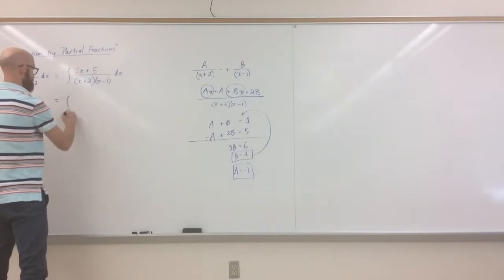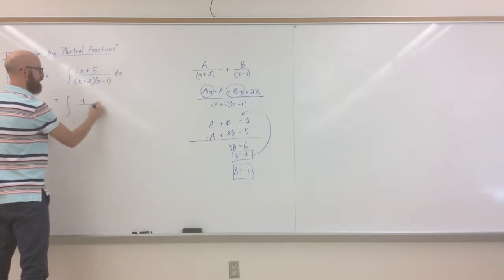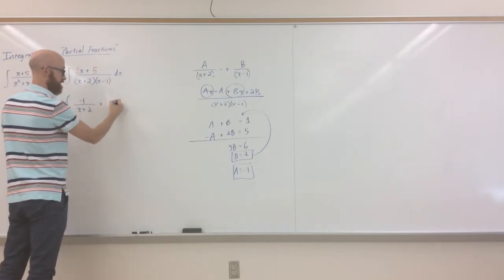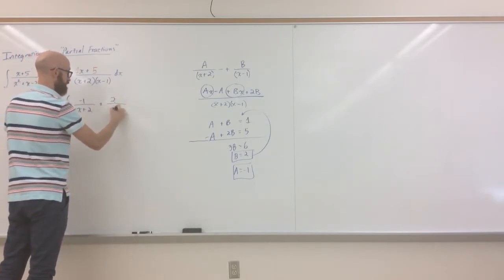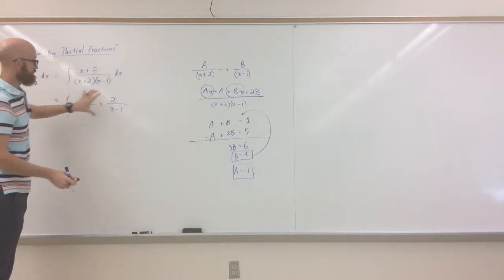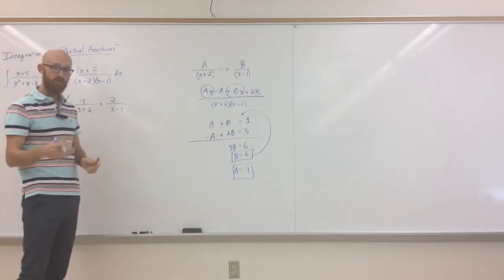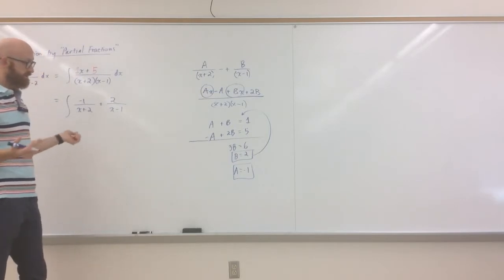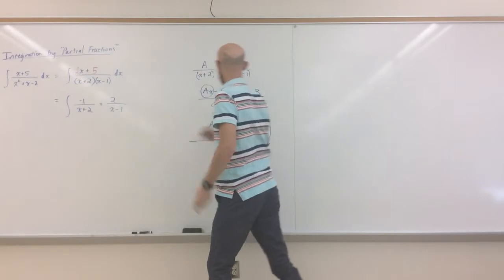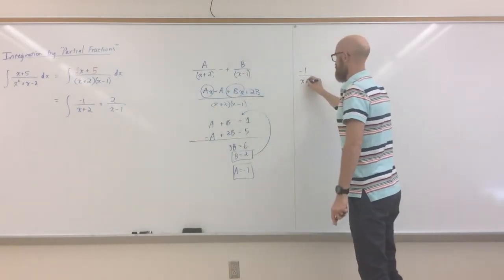That means the integral splits into the integral of negative 1 over x plus 2 plus the integral of 2 over x minus 1. We took this fraction and split it into two pieces. If you don't believe that these are the proper values, I encourage you to add those two up. I'm going to check it over here.